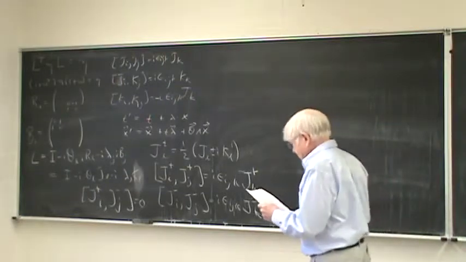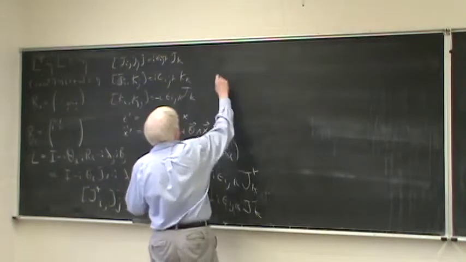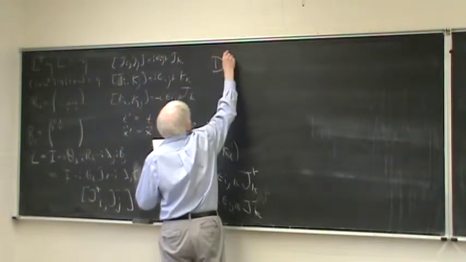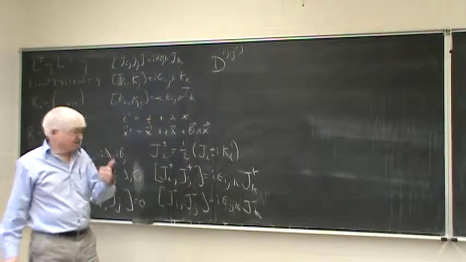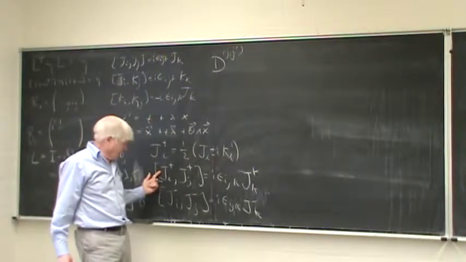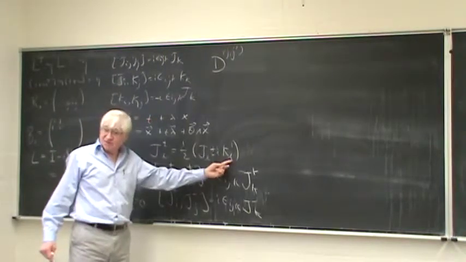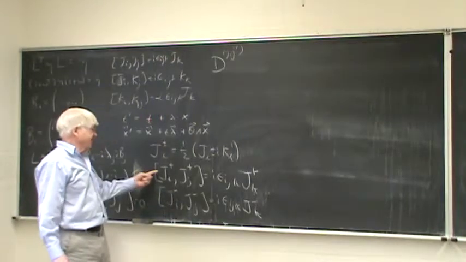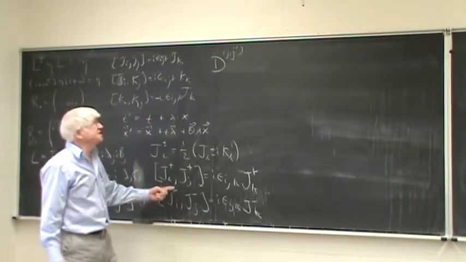How fields transform. Well, a general representation, of course, is you pick a spin for the plus rotation operator. I'm saying rotation, of course they're actually rotation plus boost. So for the J pluses you pick one spin, and for the J minuses another spin.